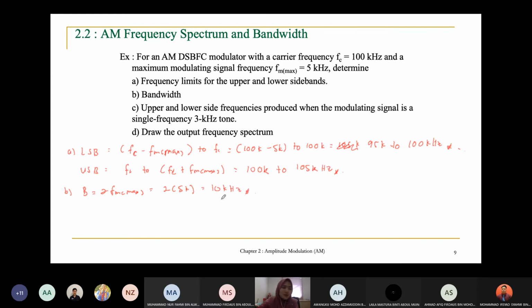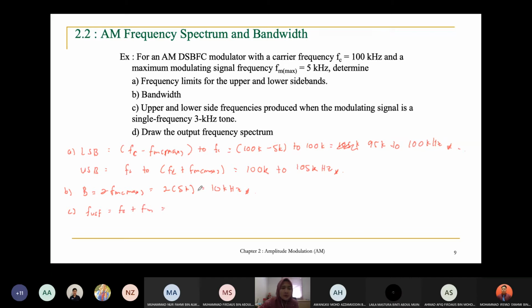Part C: upper and lower side frequencies produced when the modulating signal is a single frequency of 3 kilohertz. The question asks you to calculate the upper and lower side frequencies. For the upper side frequency, FUSF equals Fc plus Fm.